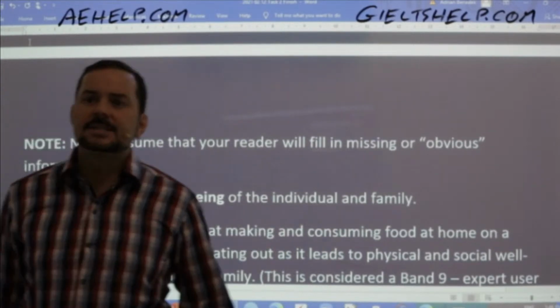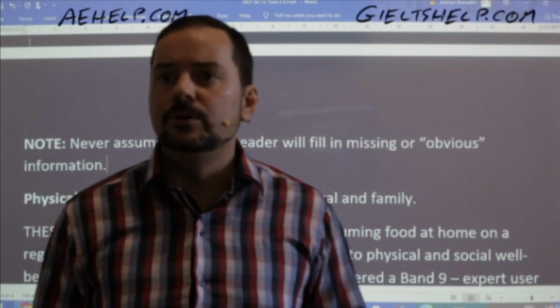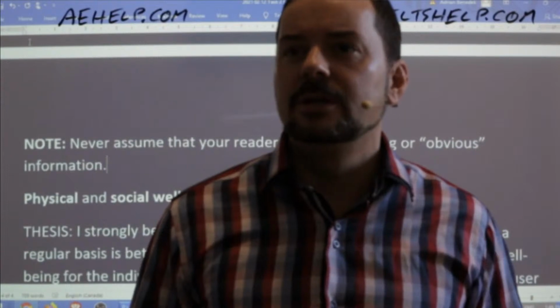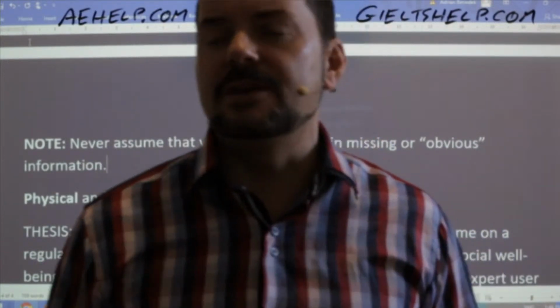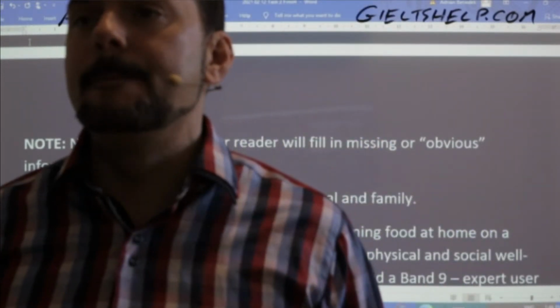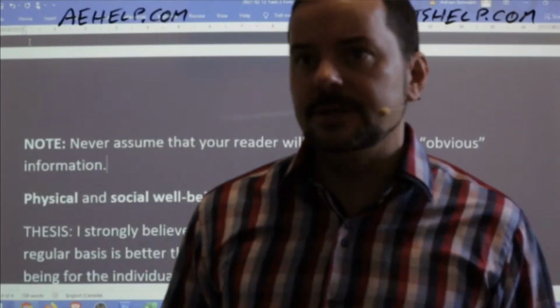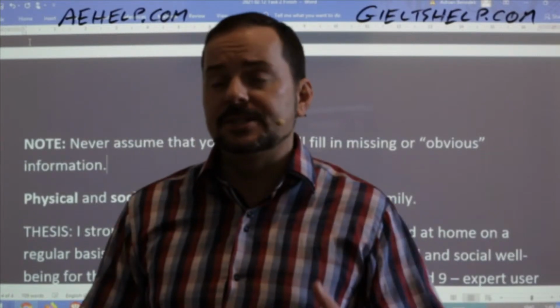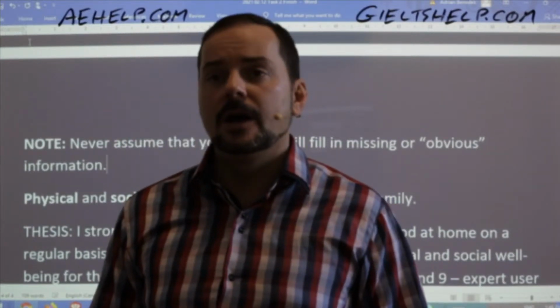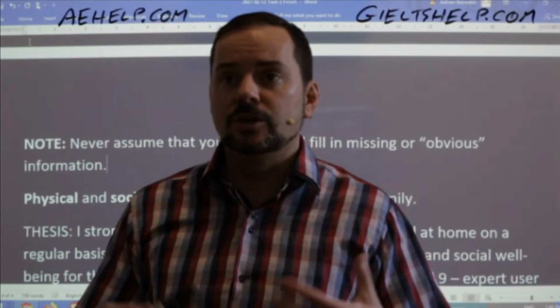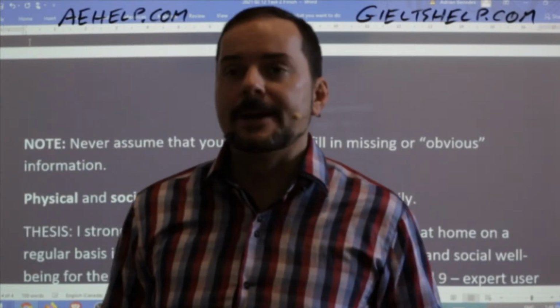Okay, Ali says the place where people eat their food can be more pivotal than they think. Okay, Ali, I like it. I like your idea. So it's important to consider the place where humans consume their food. Yeah.